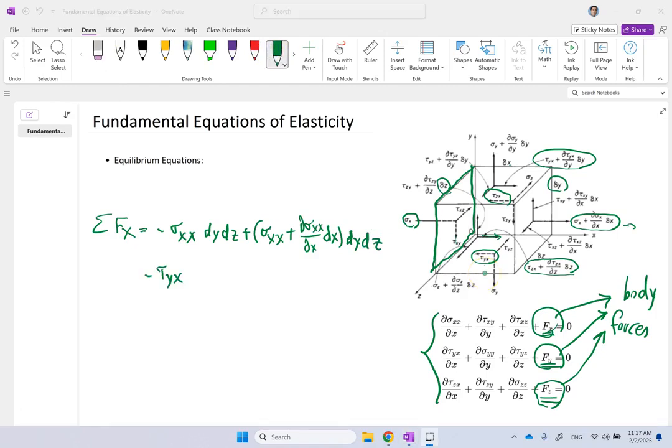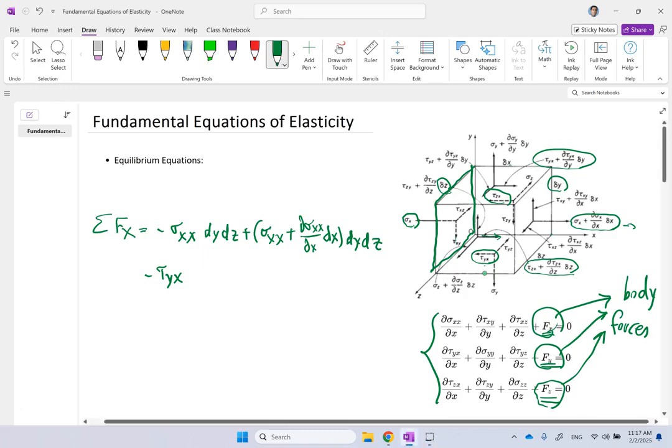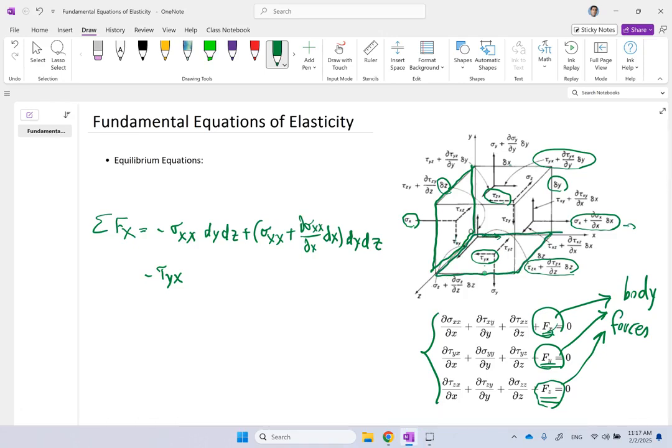The other force you have is this tau yx, and it's negative, so negative tau yx. Where is it? It's on this bottom face here. Why? How do I know? Because first of all, it's a dash line, so it means it should be behind something. Second of all, the first component of it is y, so the y should be perpendicular to it. And the only two faces that have y normal to them are at the top and the bottom surface. So this is the bottom surface. And the area of the bottom surface is clearly what? It's dx in this direction, and dz in this direction.